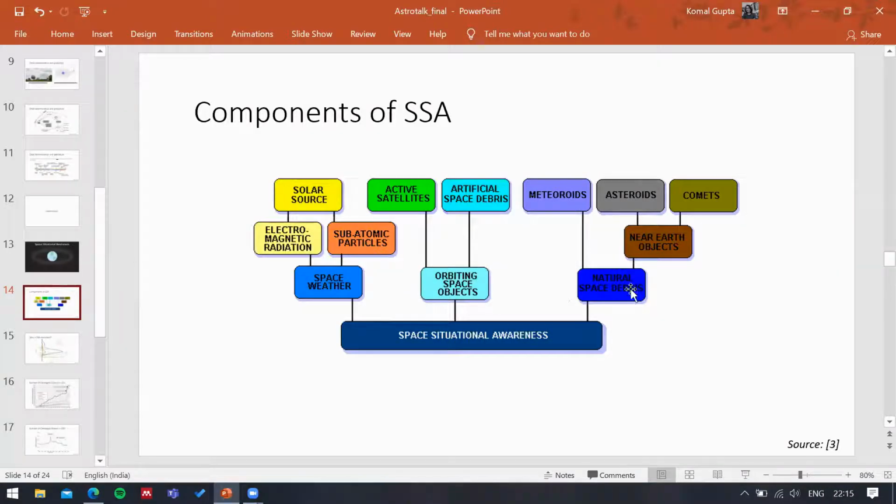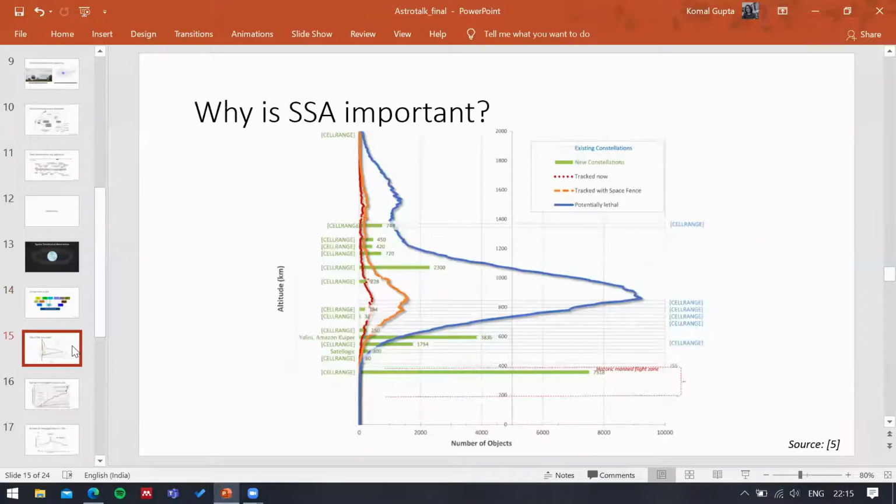And then natural space debris is obviously meteoroids, asteroids, comets, anything that is not man-made and may pose a threat. Now, why is SSA important? Well, we have been pretty dependent on space objects. If you look around you, GPS, weather, these things are dependent on satellites.